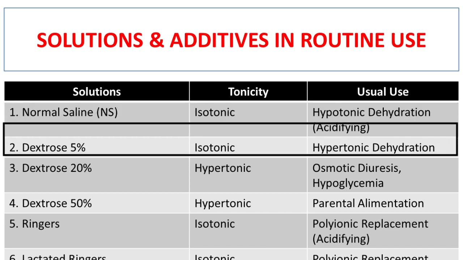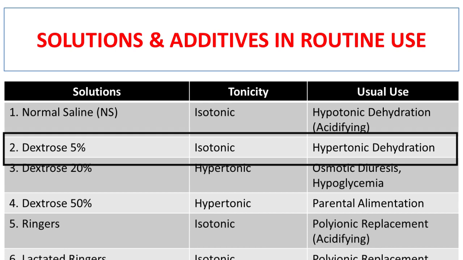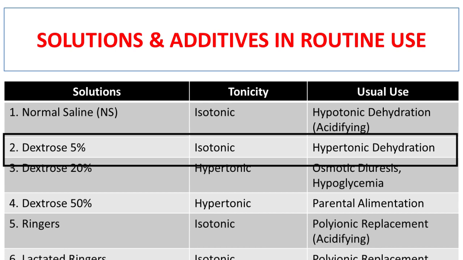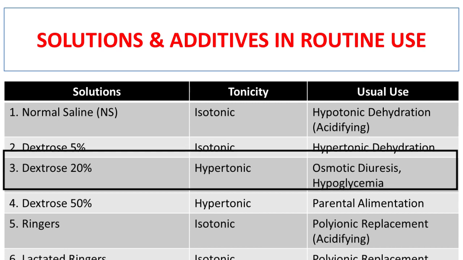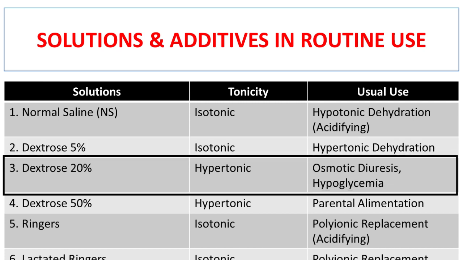Dextrose 5% is also isotonic. We normally use it in hypertonic dehydration. Dextrose 20% is more hypertonic. When we need osmotic diuresis, we can use this 20% dextrose. Or in cases of hypoglycemia, in cases of diabetes, when the animal is suffering from hypoglycemia, we can give this 20% dextrose.